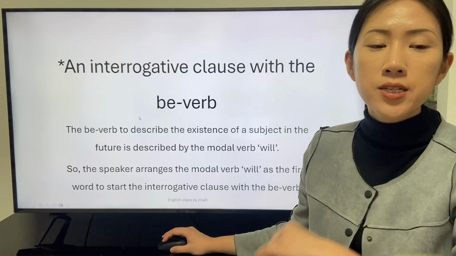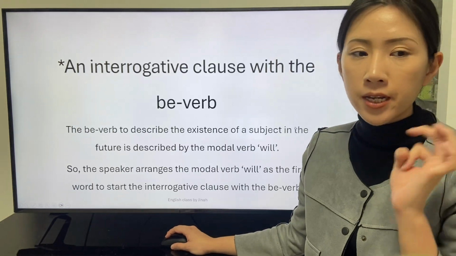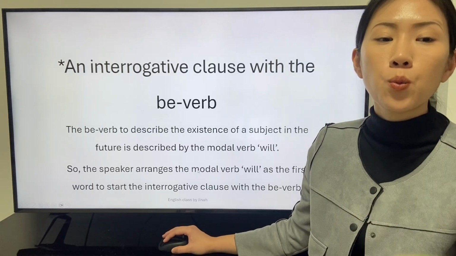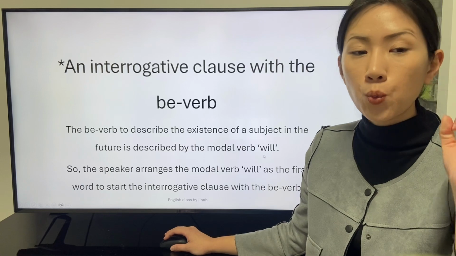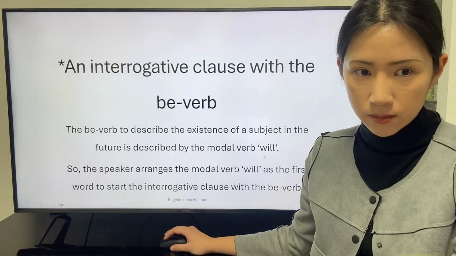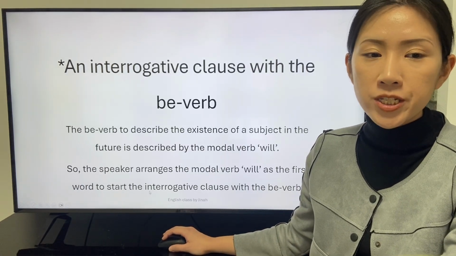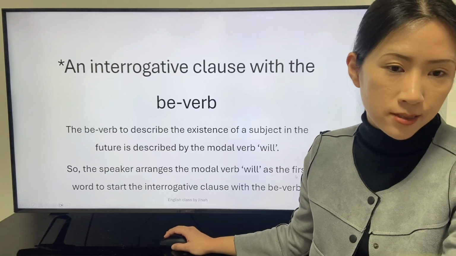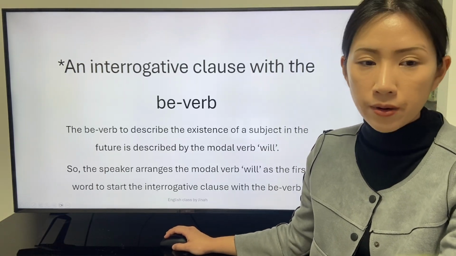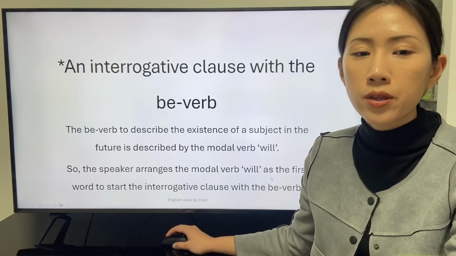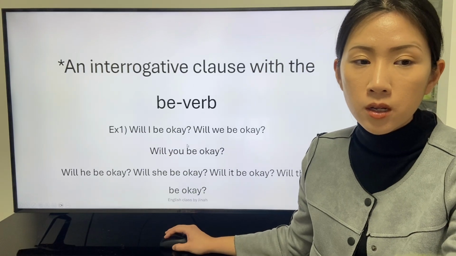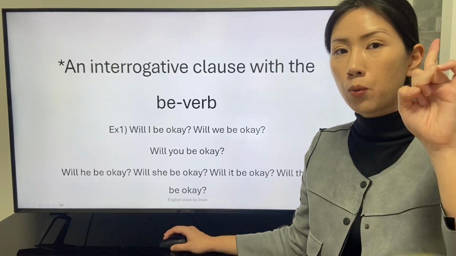The be-verb to describe the existence of a subject in the future is described by the modal verb will. So the speaker arranges the modal verb will as the first word to start the interrogative clause with the be-verb, as the example number 1 does.